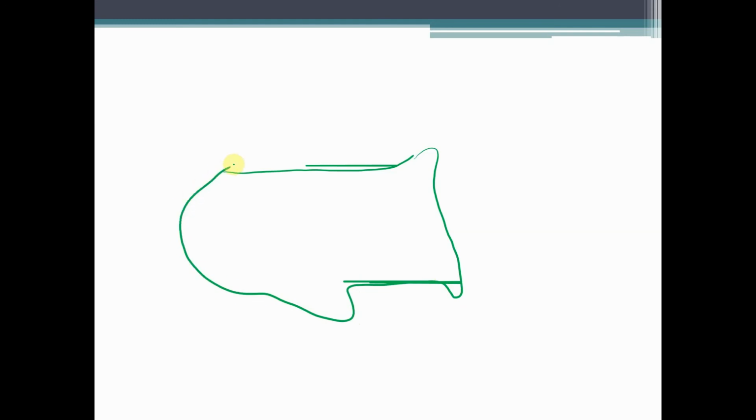I'm going to say the only reason this is not identifiable is because of the extra lines, because clearly this is the United States of America. And on either side of the USA, we have 2 oceans. Over on the left, we have the Pacific. Not the specific, but the Pacific Ocean. And over on the right, we have the Atlantic.